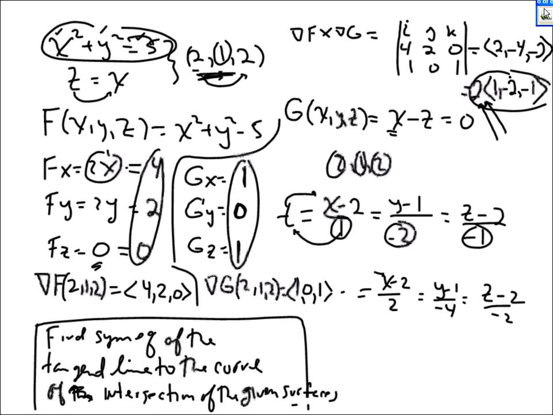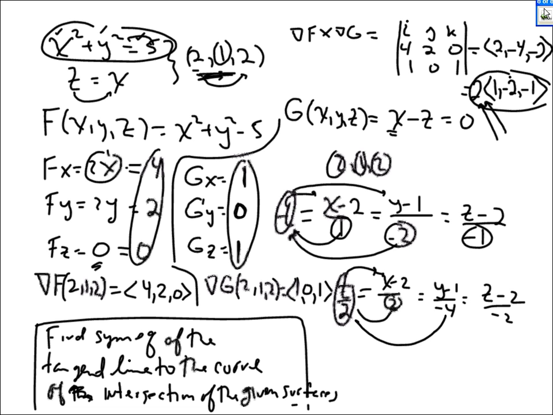The big difference is the t in the second one, the t in this one. It's not t. Remember, t is any number. It's really t over 2. So now, 2 times this is t equals x minus 2. Negative 2 times t should be y minus 1. Well, negative 4 times t over 2 is negative 2t.